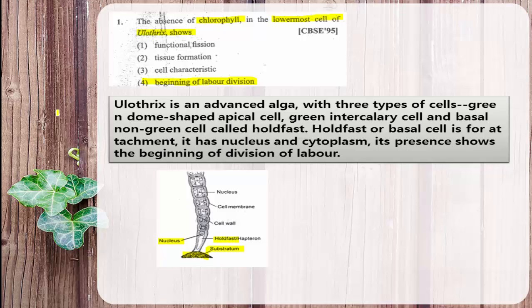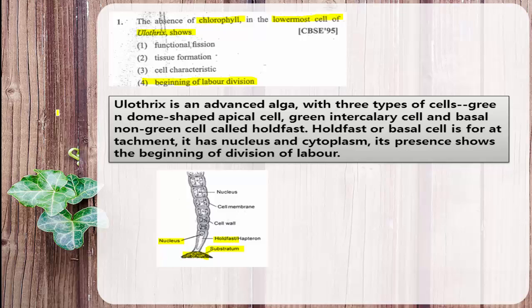Like that, the function of the holdfast is only attachment to the substratum. That is why there is no need of chlorophyll. Whereas the remaining cells in the filament of Ulothrix contain chloroplasts so that they do photosynthesis. Distribution of work is observed even in a primitive algal member.